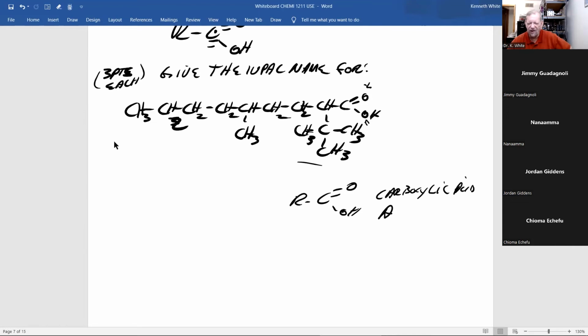And you find the longest chain with the carbonyl carbon, name it as an alkane, drop the E, and replace it with OIC, and add the separate word acid. Well, let's get to work. 1, 2, 3, 4. 1, 2, 3, 4, 5, 6. 1, 2, 3, 4, 5, 6, 7, 8, 9.